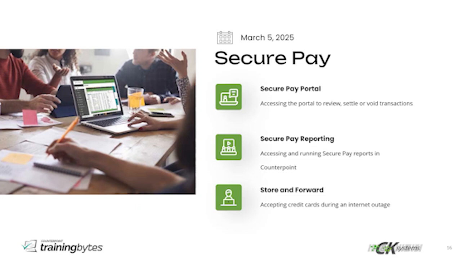He's going to show you what's available in Secure Pay for reporting, which isn't much, and also talk about something called Store and Forward, which is a feature that will allow you to accept credit cards when your internet goes down. So you all know when your internet goes down, there is no credit card processing. So make sure you sign up for March the 5th and you can learn a little bit about not only Secure Pay, but Store and Forward.